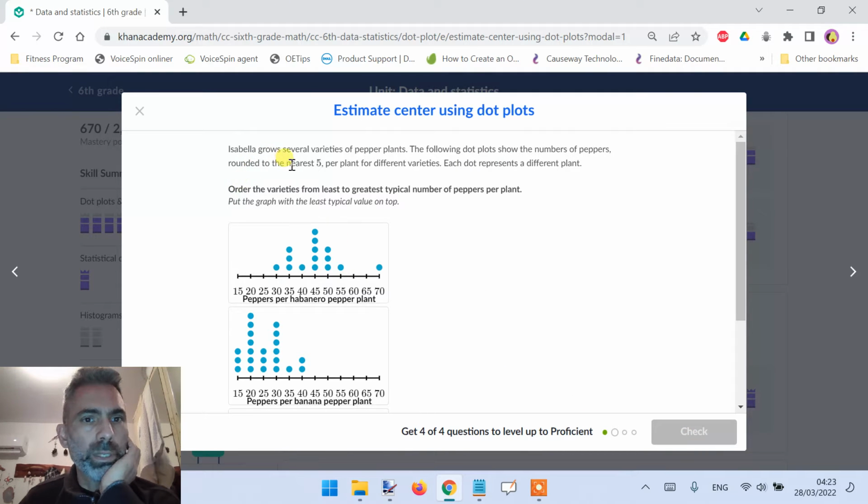Next question. Isabella grows several varieties of pepper plants. The following dot plots show the number of peppers, rounded to the nearest 5, per plant for different varieties.